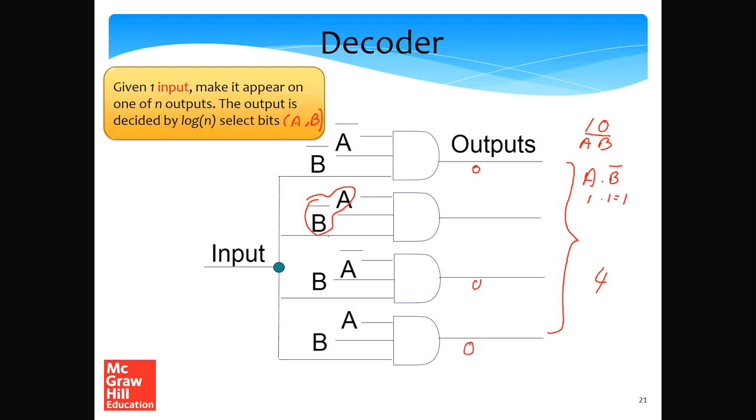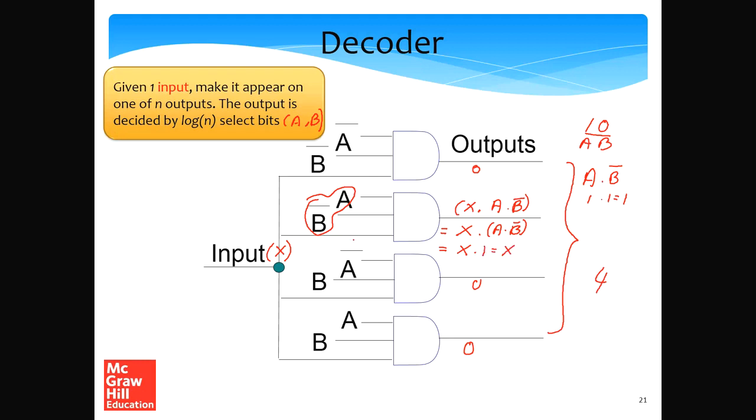For this case, let's consider the input to be x. So what are we getting? We are getting x ANDed with A, B bar. Using the distributive rule, and the associative rule, what we can do is replace this as this, which is equal to x ANDed with 1, which is x.